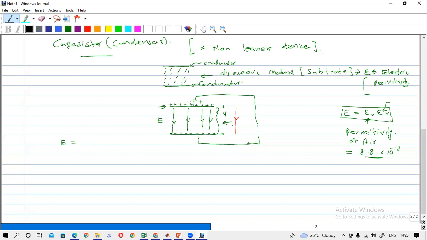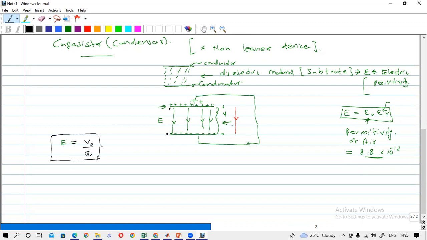So E can be defined as voltage divided by the distance. If the distance between the plates is D, then E is equal to V by D. I think we have learned this equation in A level.